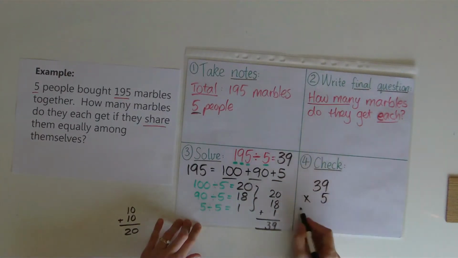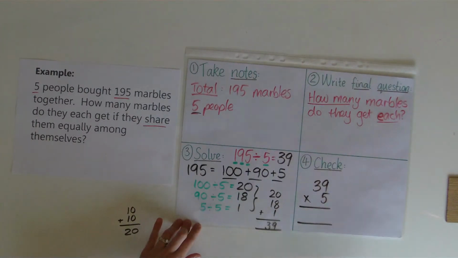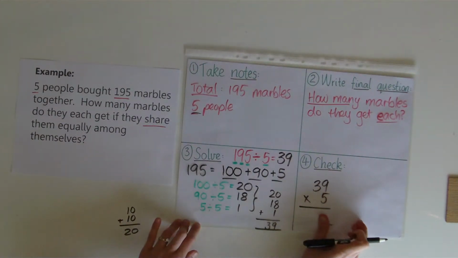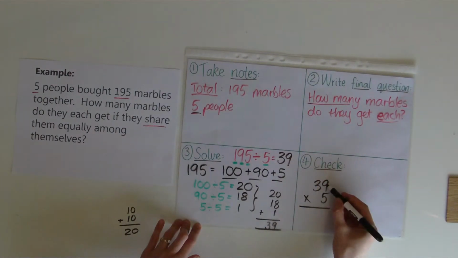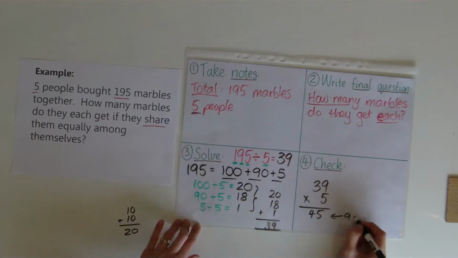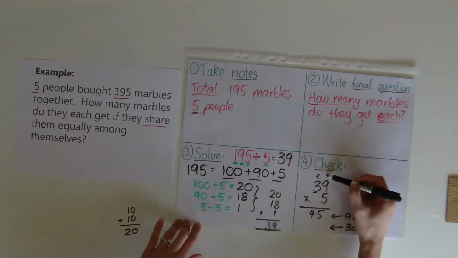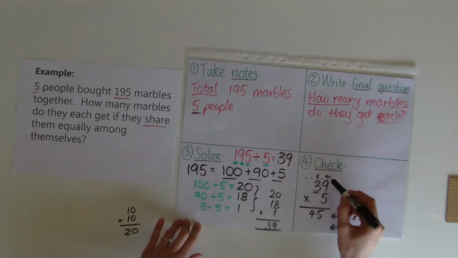And use this method here. So 5 times 9, I could actually just use the one that we learned in a previous video, that 9 times 5 is 45. So 9 times 5, and then I could just do 30 times 5, because the 3 is worth 30 and it's in the tens column, and the 9 is in the ones as well as the 5. Just reminding.